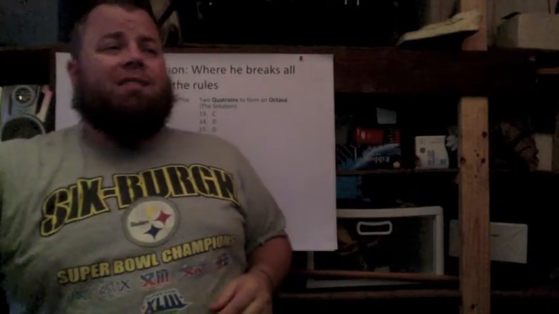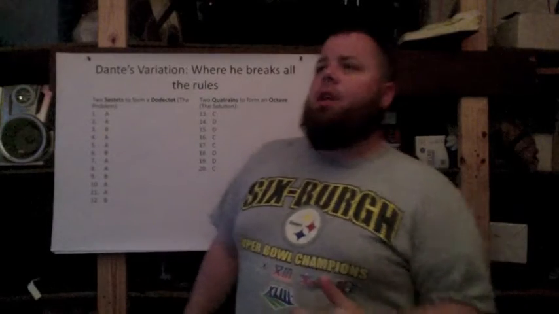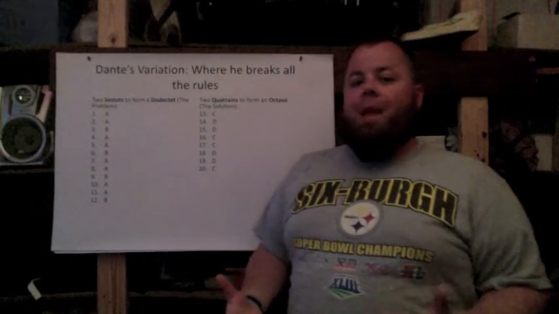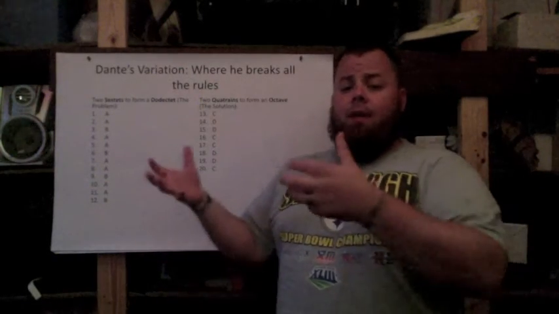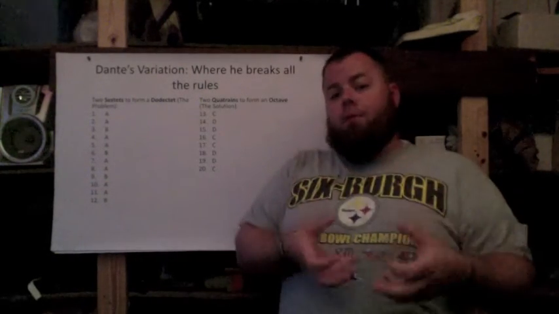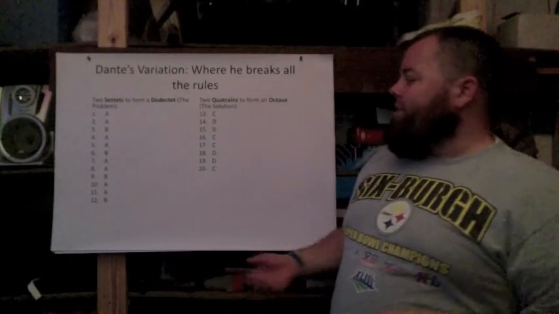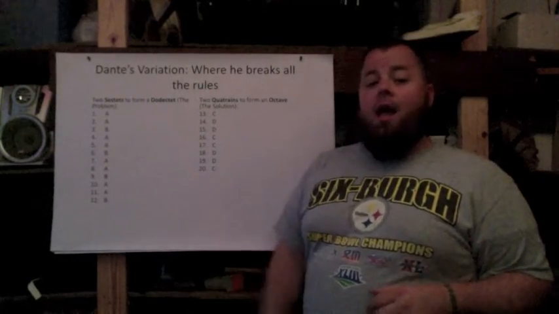Now, things are different when we look at Dante, because Dante had his own variation, and he doesn't follow any of those basic sonnet rules of the 14 lines, but he does have the problem, volta, and resolution. You can see here it's clearly not 14 lines.